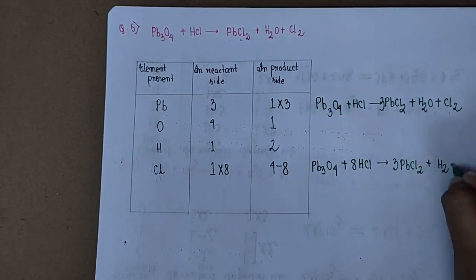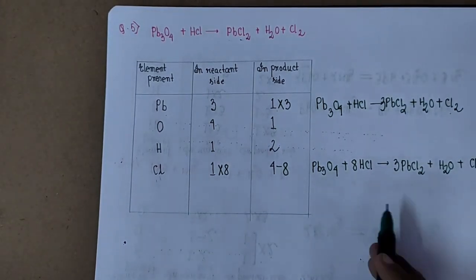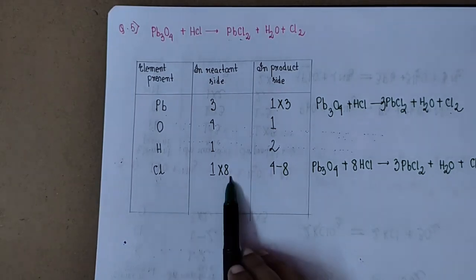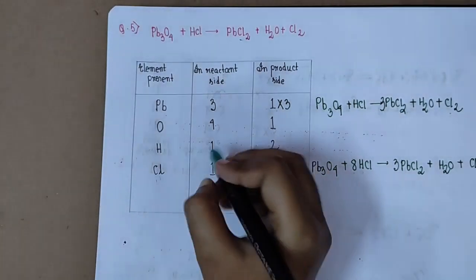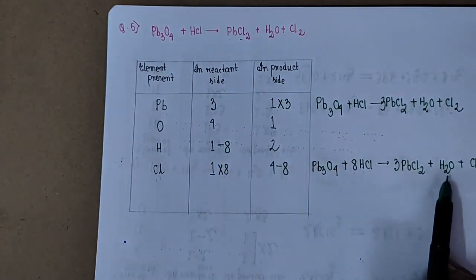plus H2O plus Cl2. Now if we multiply the reactant side chlorine with 8, then the number of hydrogen count in the reactant side will also change. Now this is 8 in the reactant side, but in the product side this is still 2.